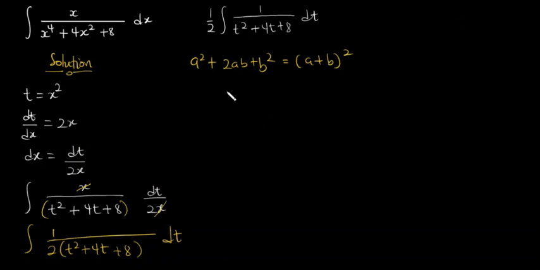Okay guys, so now let's look at what I'm going to do here. Let's look at the denominator. For the denominator we have t squared plus 4t plus 8. I'm going to write this as t squared plus 4t plus 4 plus 4. I wrote the 8 as a sum.